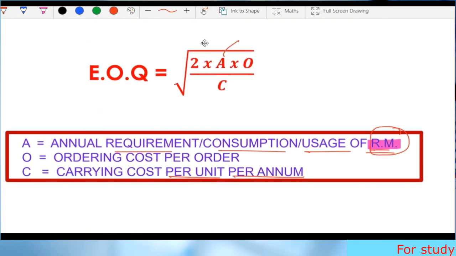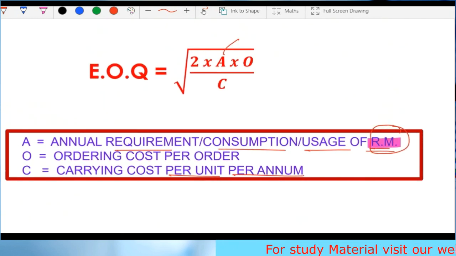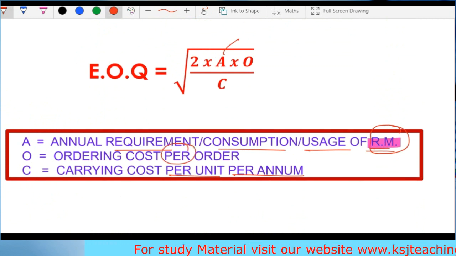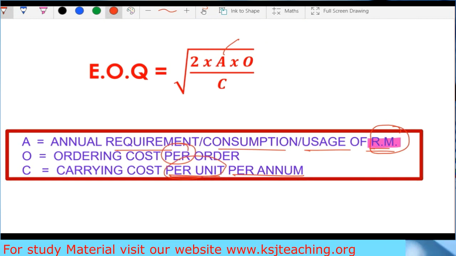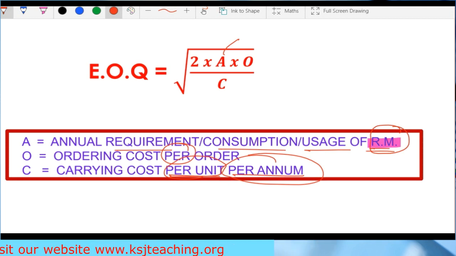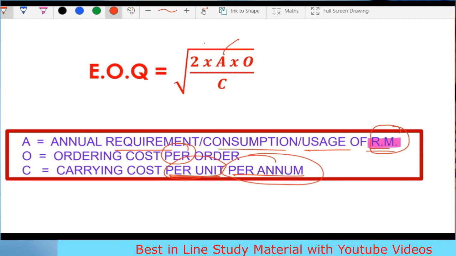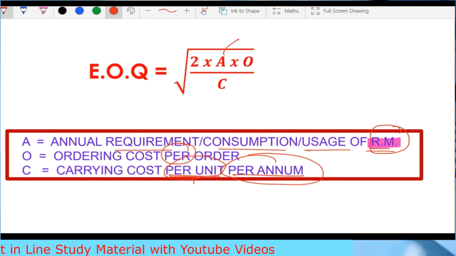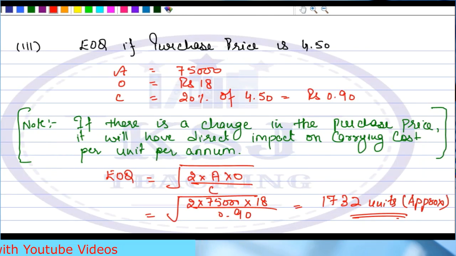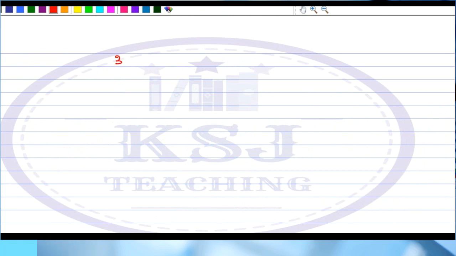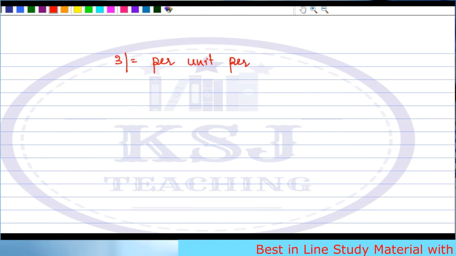O means the ordering cost per order, for placing one order. Then carrying cost per unit per annum. This is again one area where the institute can test you. In the recent November 2020 examination, the institute gave the carrying cost per unit per quarter, 3 rupees per unit per quarter.